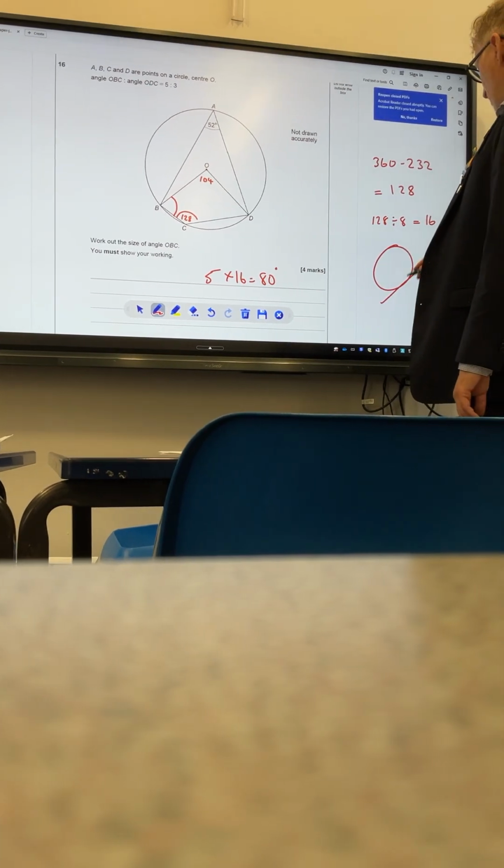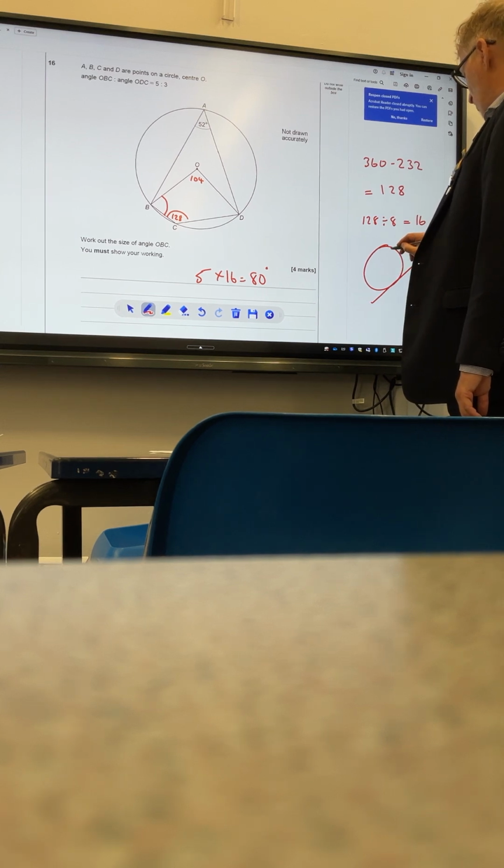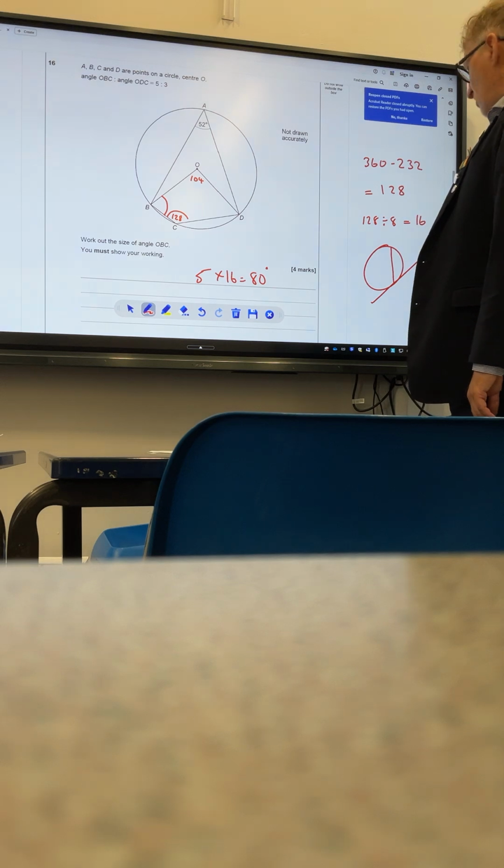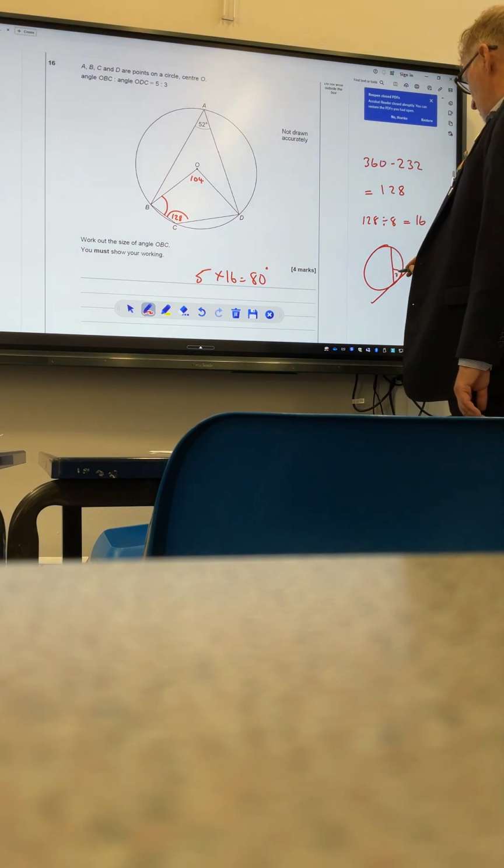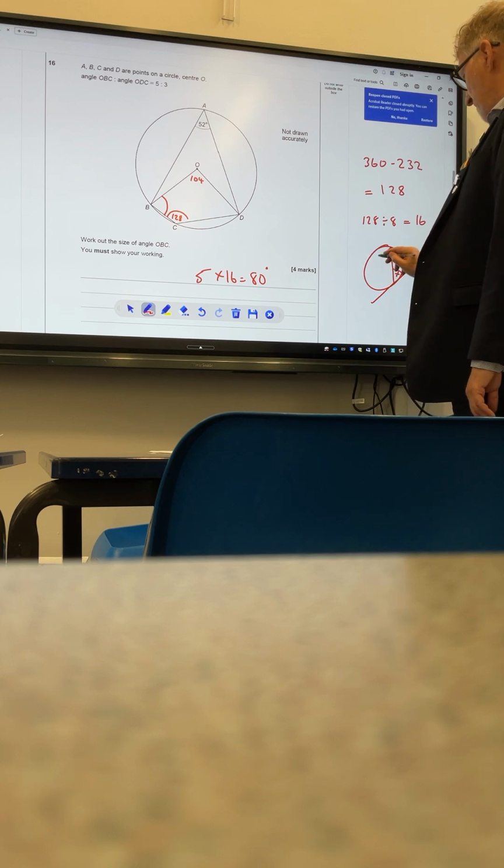I don't understand the alternate segment theorem. Like, I don't understand how you spot that. Well, if you've got a tangent, all you're looking for is, does that tangent hit a chord? It doesn't have to go through the centre or anything, just does it hit a chord? That angle will be the same as any angle that chord now goes to.